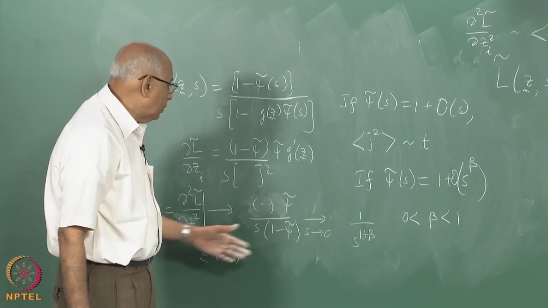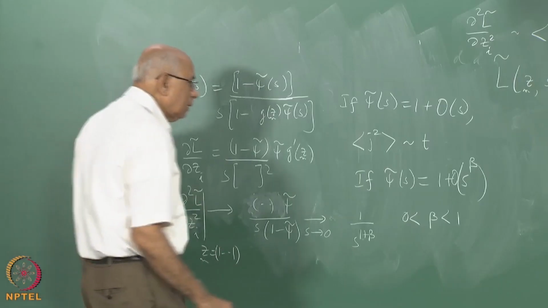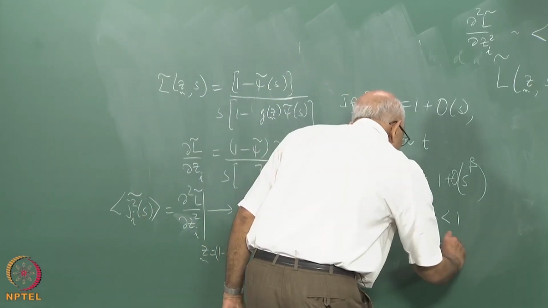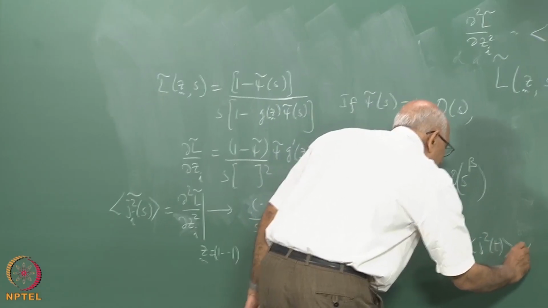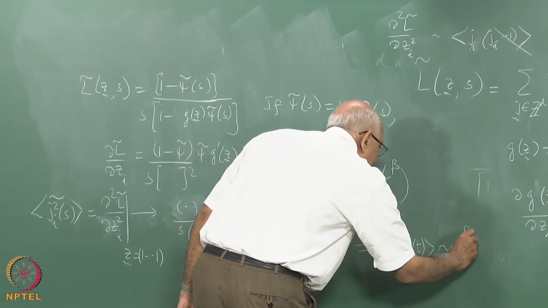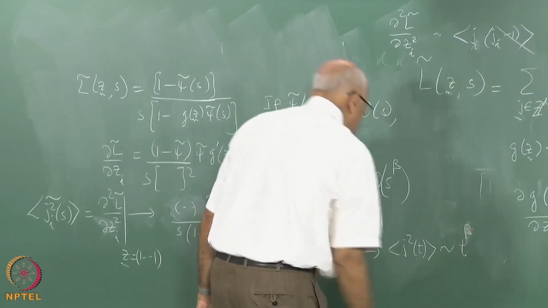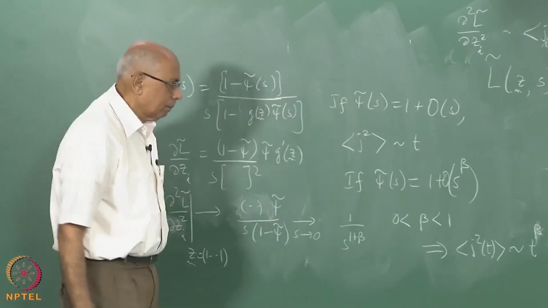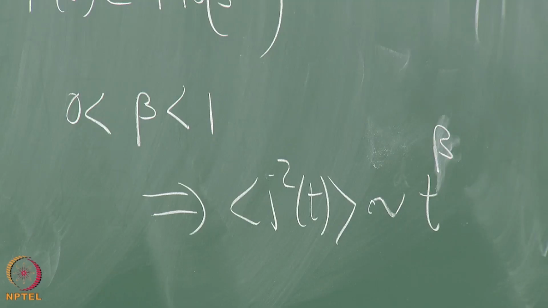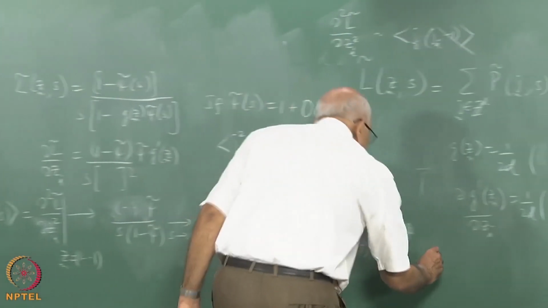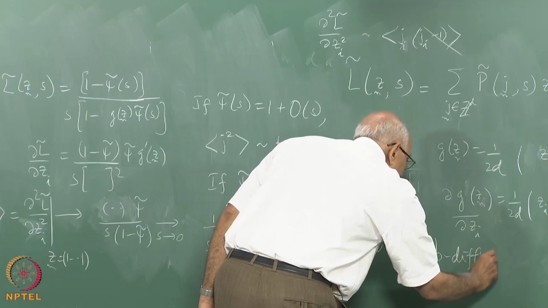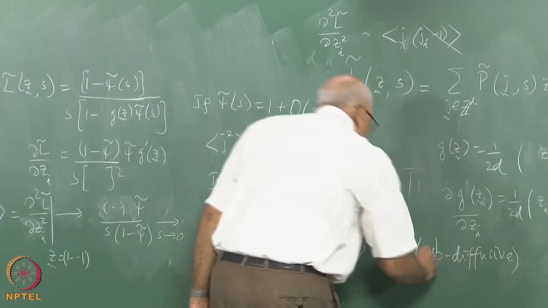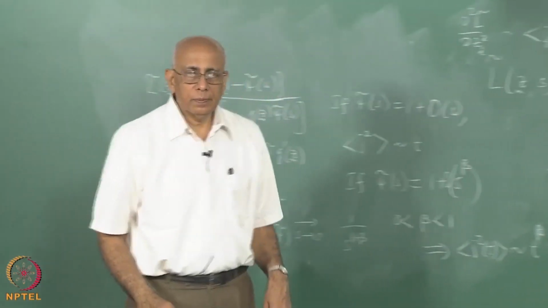And what will it imply for the mean square displacement? Which is subdiffusive. This is the famous anomalous diffusion.